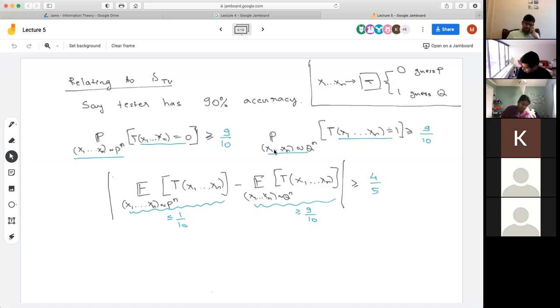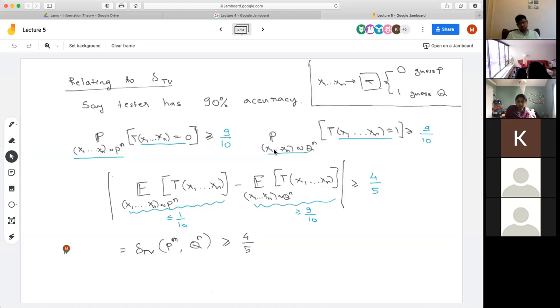Okay, so what this tells me is that the total variation distance between P to the n and Q to the n, where P to the n is shorthand for the product distribution for n samples, each drawn independently from P, is at least 4/5, because it's an upper bound on the difference in expectations for a one sample distinguisher.